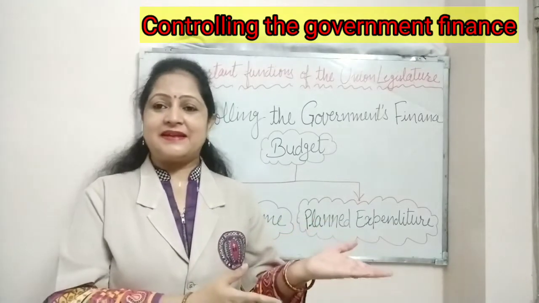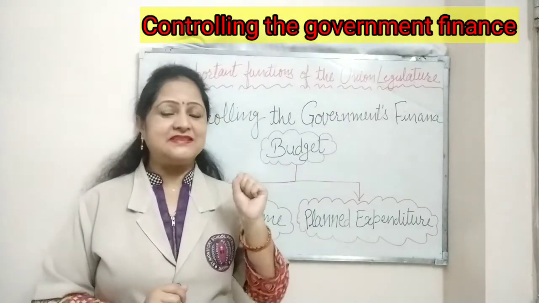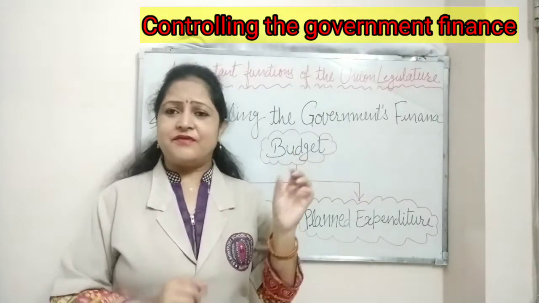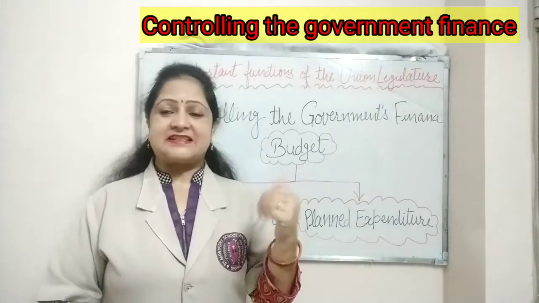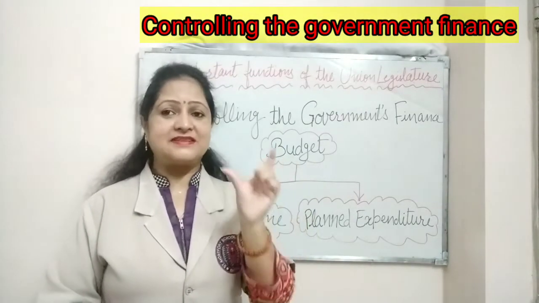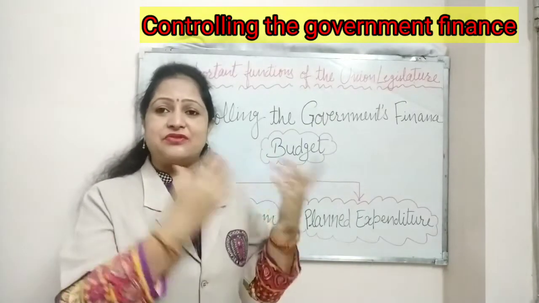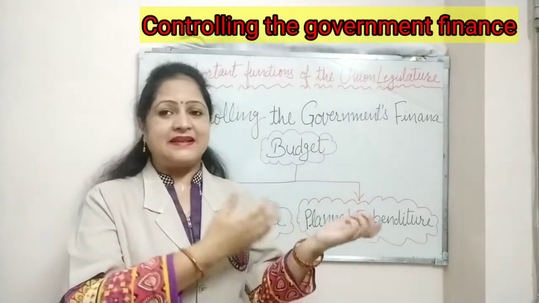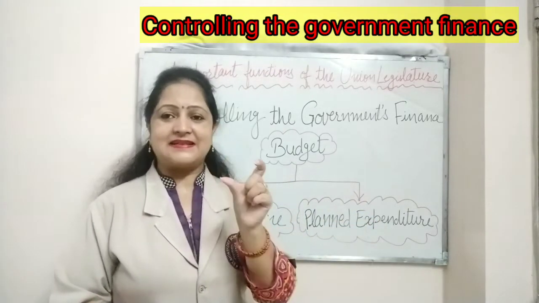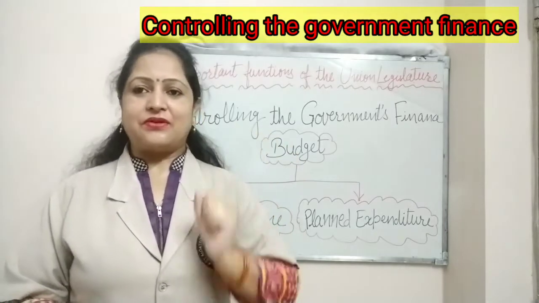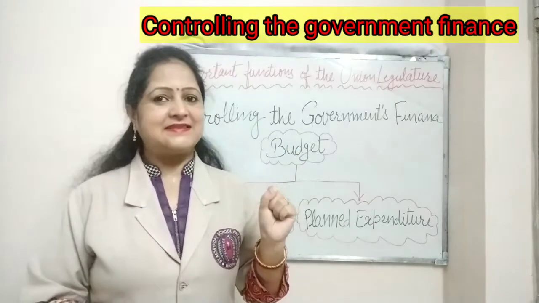So the Parliament is the guardian of the national purse. Purse means the wallet, the wallet where we keep our money. Here the national purse means all the national income, all the sources from where the nation gets its income. This purse is under the control of Parliament. Parliament is the caretaker of this purse.